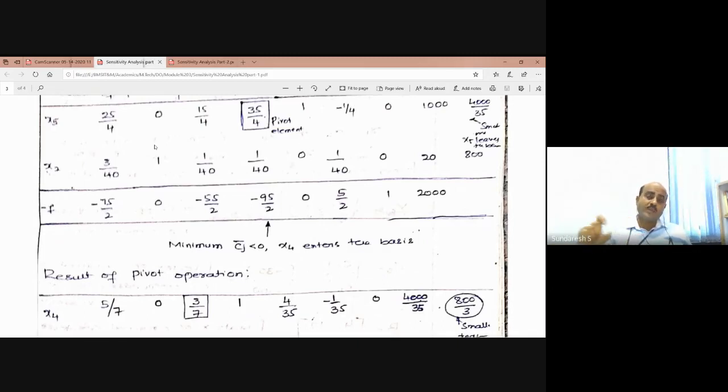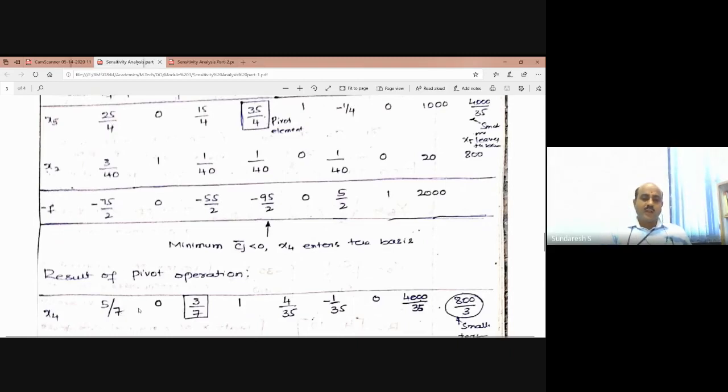So how to fill up the tabular column: X4 is the variable entering the basis, so we fill the values for the X4 row. In the first column we have 25 by 4, divided by the pivot element 35 by 4. You are going to get 25 by 35, or 5 by 7.